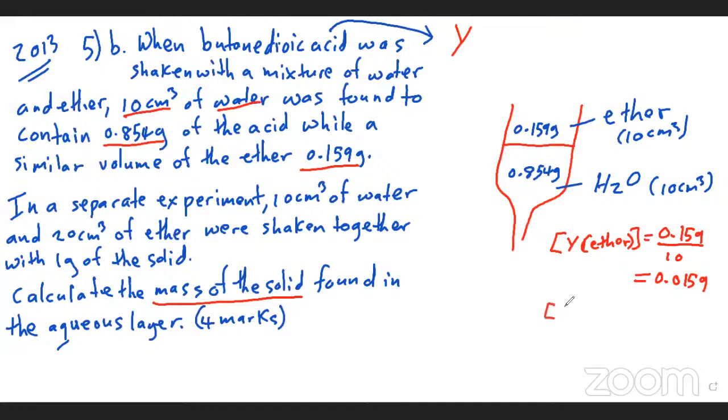The concentration of Y in water would be equal to 0.854 divided by 10. That would give me 0.0854.